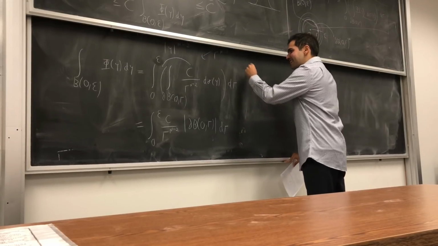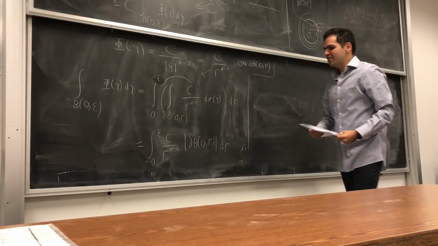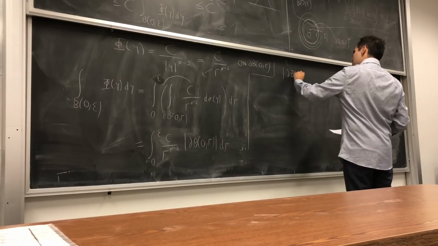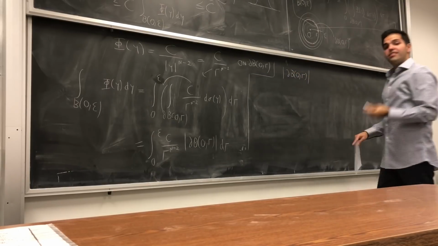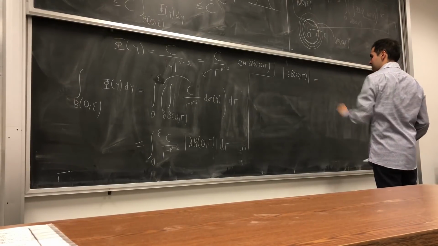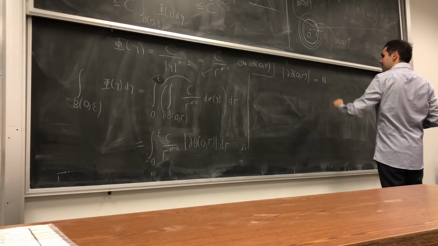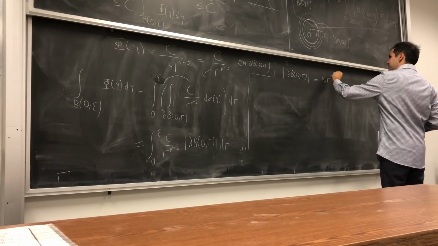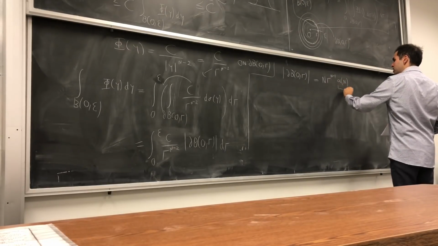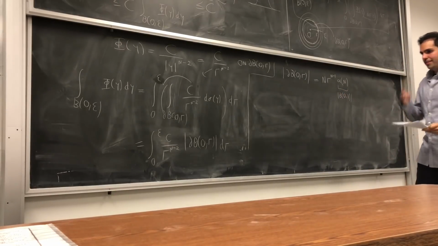And I'll definitely make a video on that, but it turns out there's a nice thing about the surface area of the sphere. It's given precisely by the derivative of the volume of the ball. So in this case, volume of the ball is r to the n times something. So the surface area is n r to the n minus 1 times the volume of the unit ball, which I denote by alpha n.